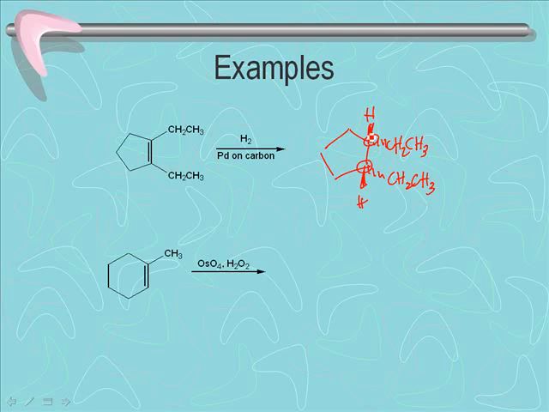Now in the bottom example, we have a carbon-carbon double bond, and we have osmium tetroxide. And the osmium tetroxide adds a pair of OHs to the same face of the carbon-carbon double bond. Here, the two oxygens could have ended up both on wedges. Or both OHs could have ended up on hashes.